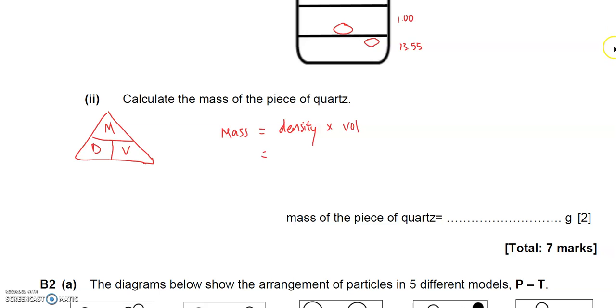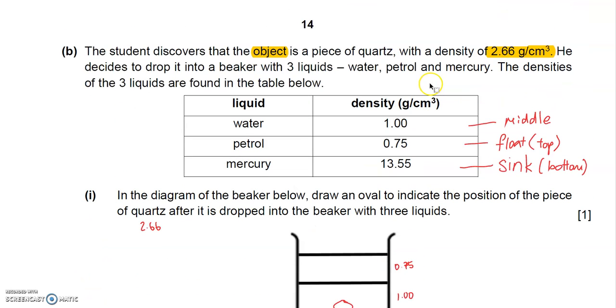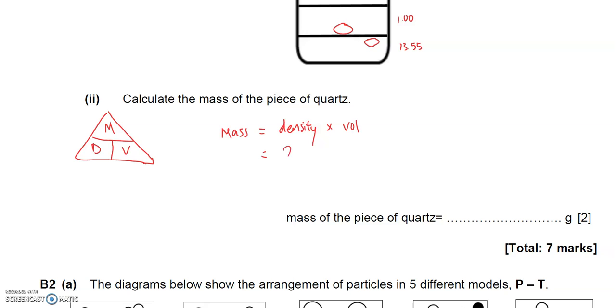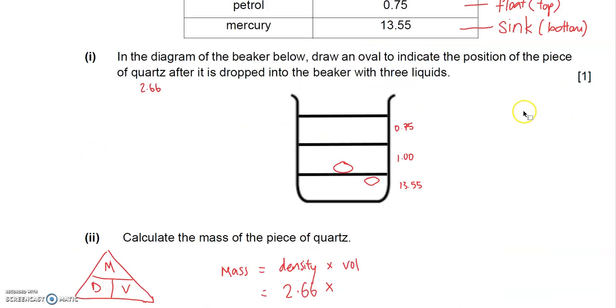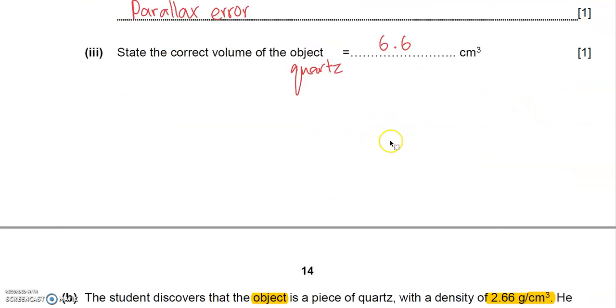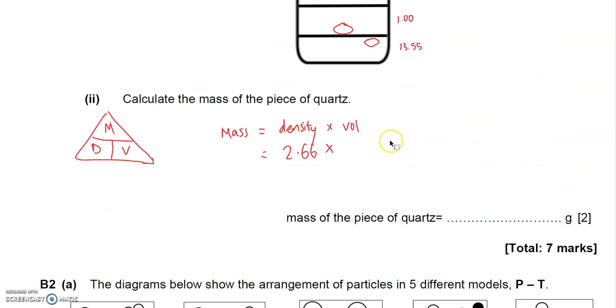We have density from the instructions here in part B, 2.66, let's write it down. And we have the volume from A part 3, 6.6 cm cube.